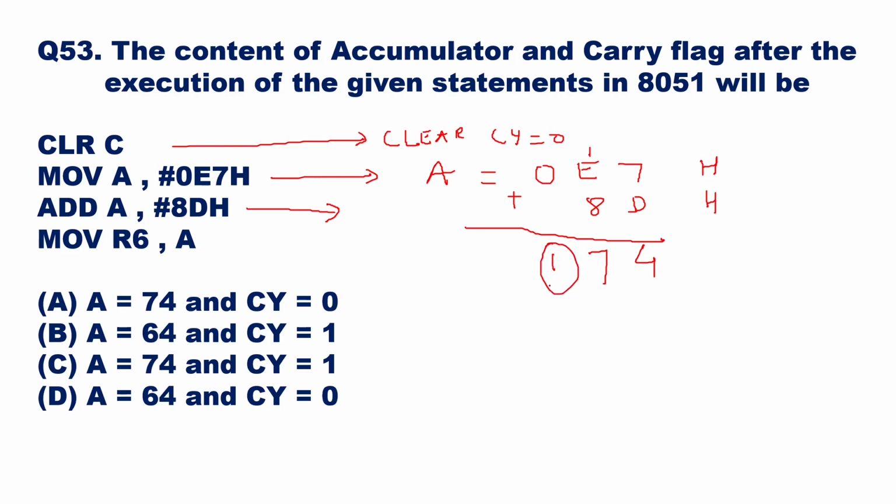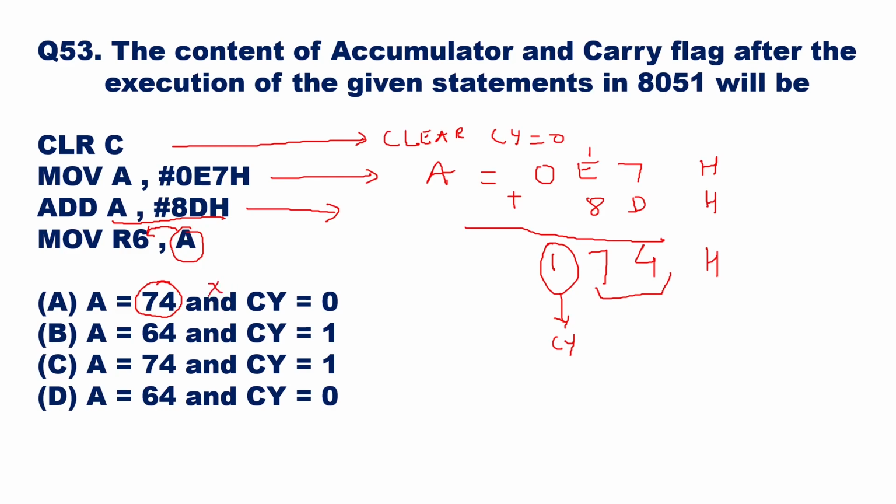So here a carry is going to come, and the answer will be 74H. Clear? The accumulator will have 74 and carry will be 1. So carry has to be 1.